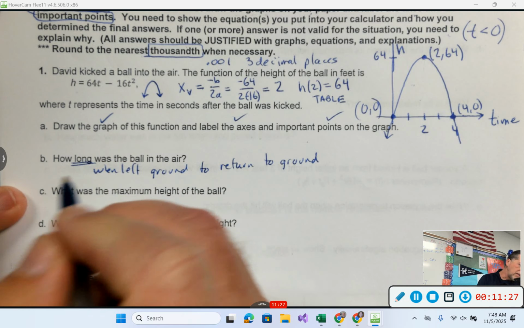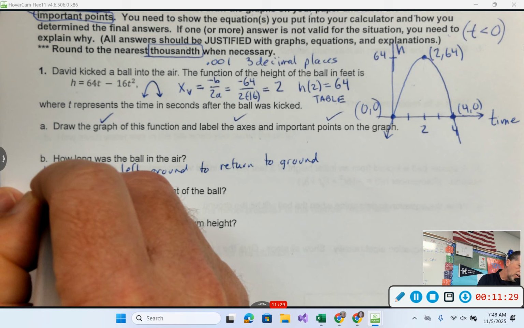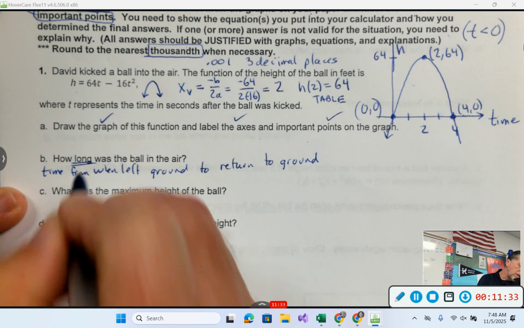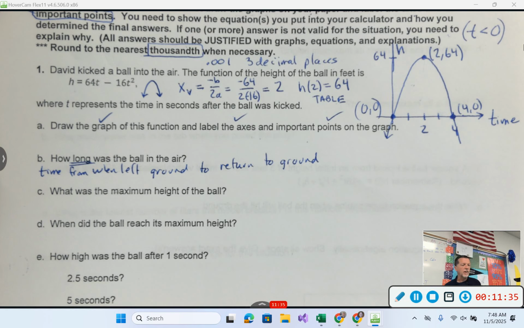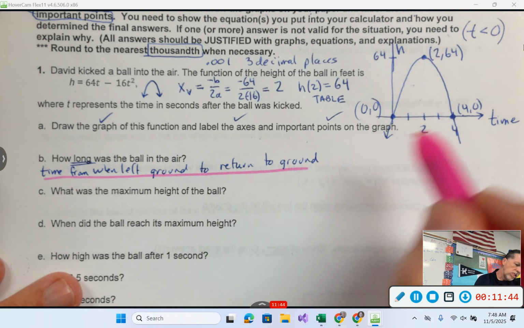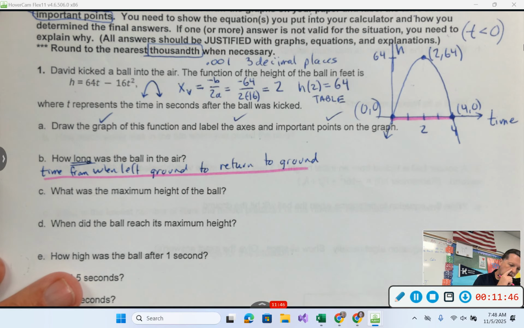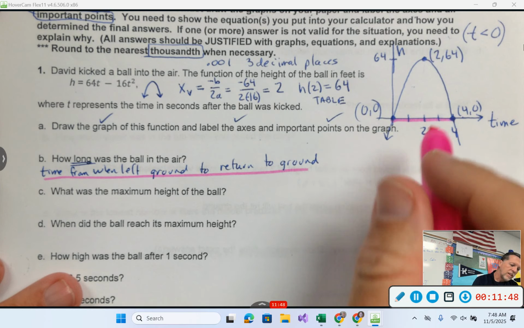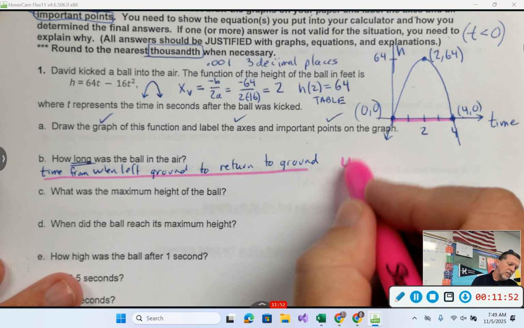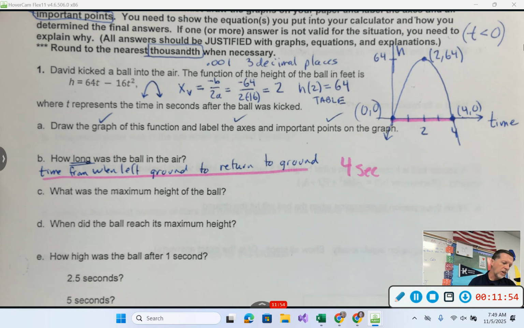How long would be the time? So maybe we should say time from when it left the ground to when it returned to the ground. So yeah, 4 seconds. It left the ground at 0 seconds. It was at the ground 4 seconds later. So my answer is 4 seconds.